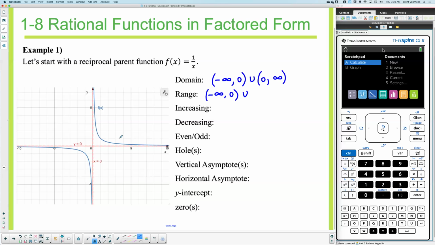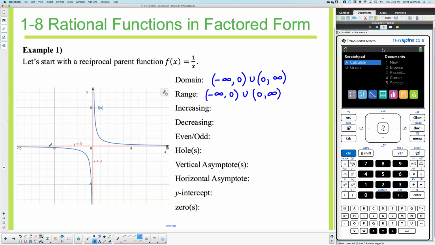Second piece, how low does the second piece go? 0. Does it get there? No, it only approaches. Okay, and how high? Infinity. Infinity, good. So for a typical rational function, the domain and the range are from negative infinity to 0 and 0 to infinity, both of them.